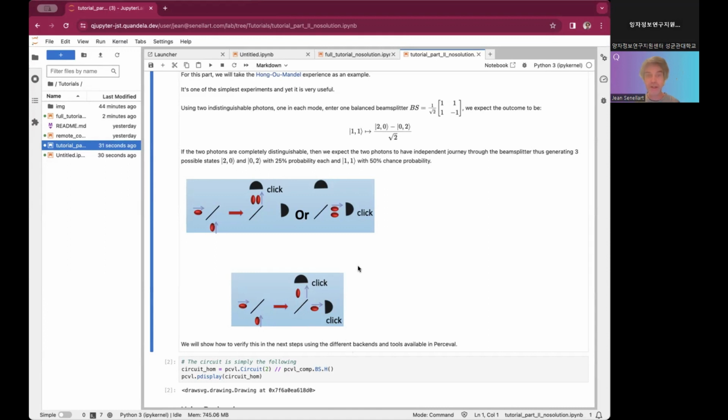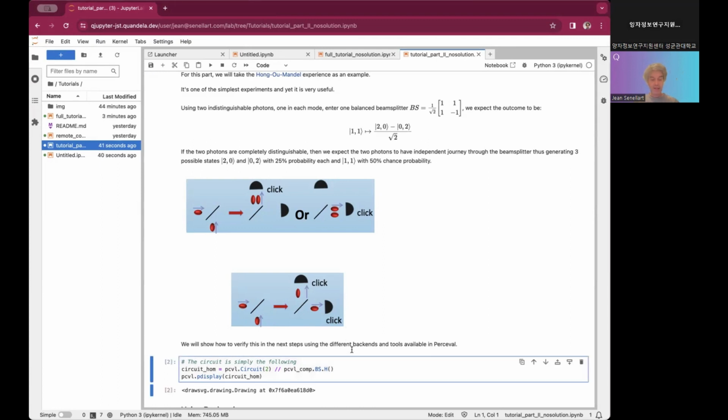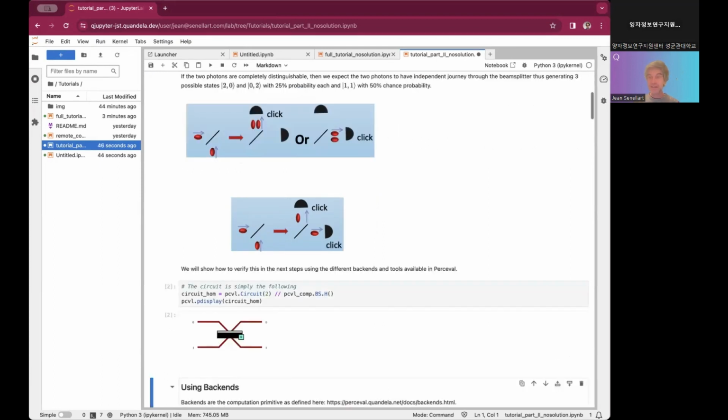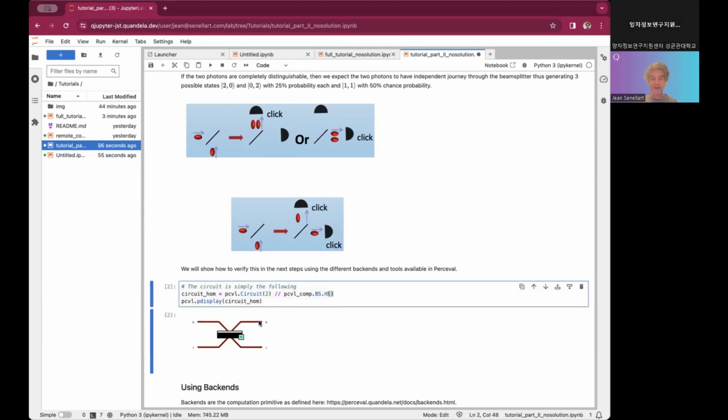This circuit is not that important by itself, but we will use it to illustrate the different ways you can do simulation and sampling using Perceval. My circuit cannot be simpler than that. It's even simpler than the MZI. I'm just taking beam splitter H. I could have taken RX, or any of the beam splitters.